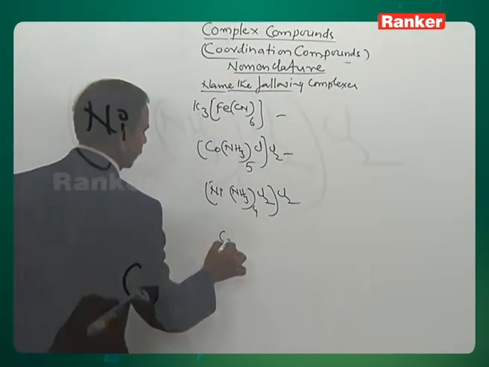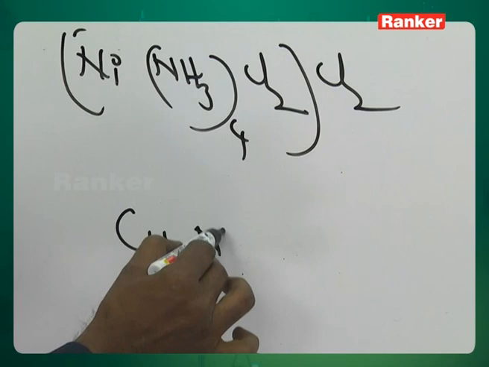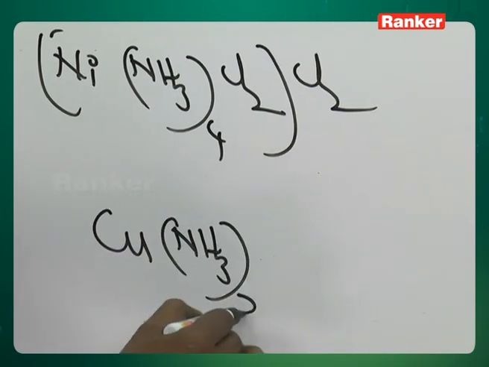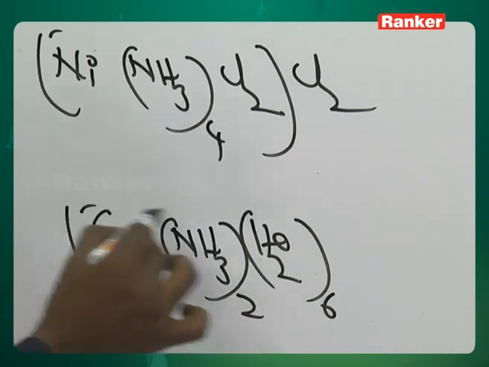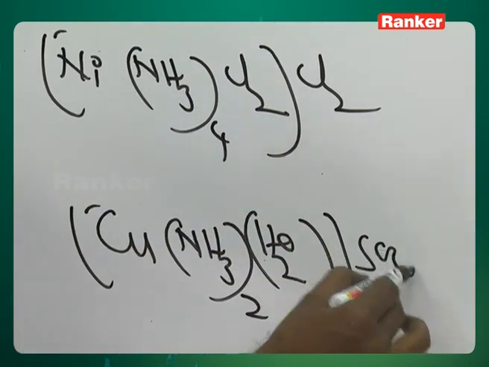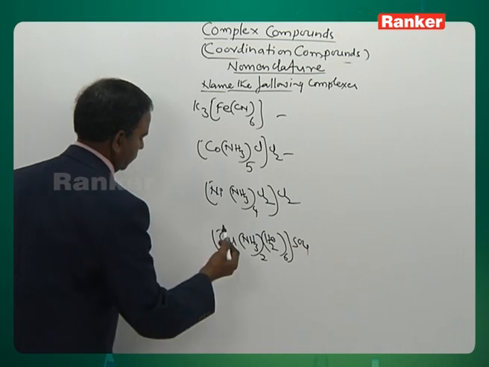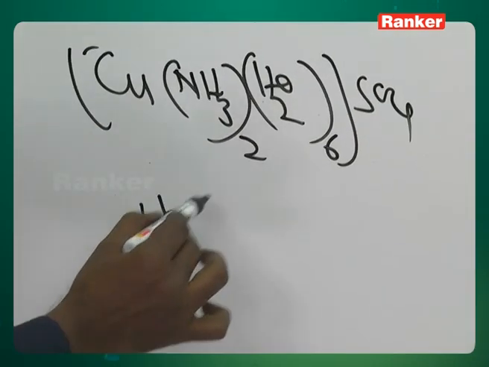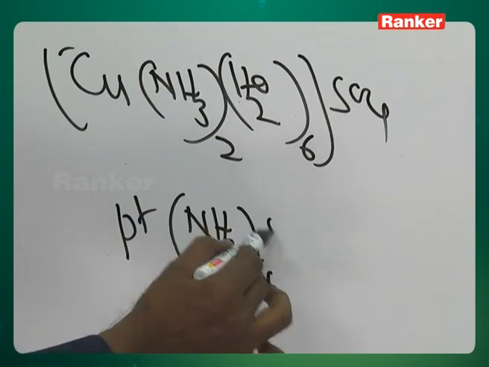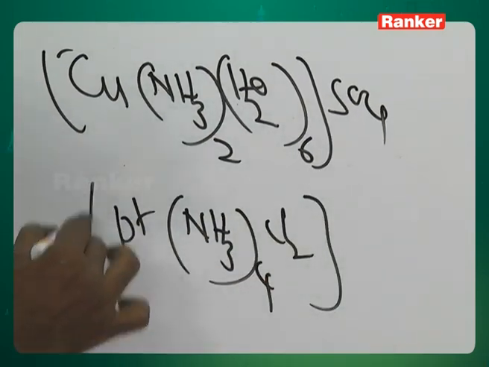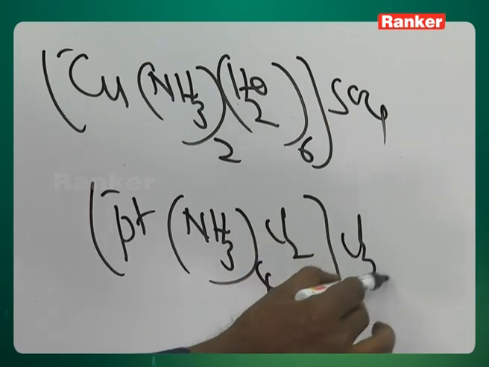Copper complex, [Cu(NH3)2(H2O)2]SO4. Take a platinum complex, [Pt(NH3)4Cl2]Cl2.